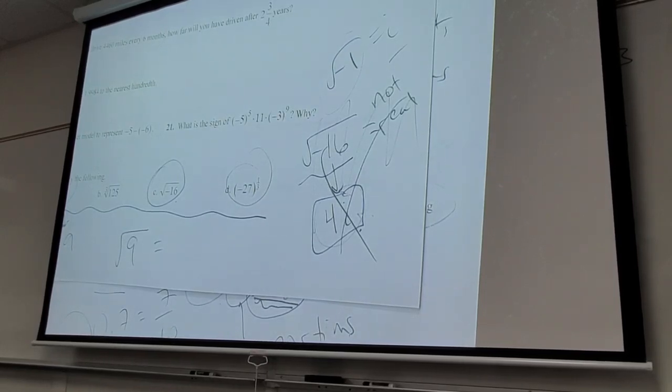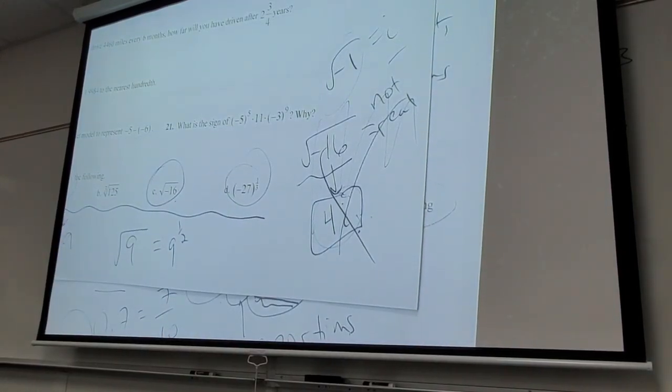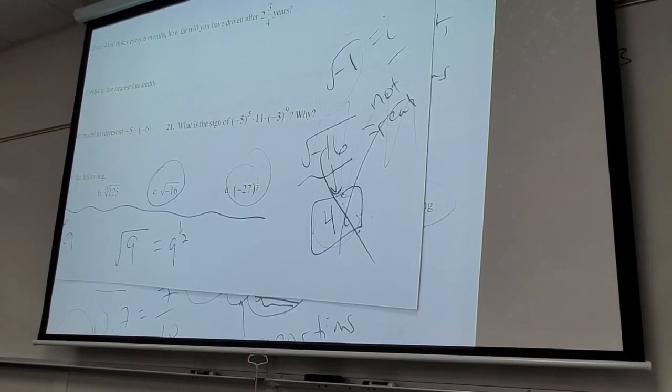So a square root cuts a number into a fractional part multiplicatively. What are exponents based on? What operation? Multiplication. So another way to write the square root of 9 is 9 to the 1/2 power. They both mean the same thing.